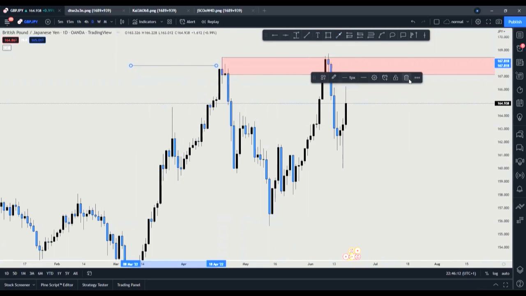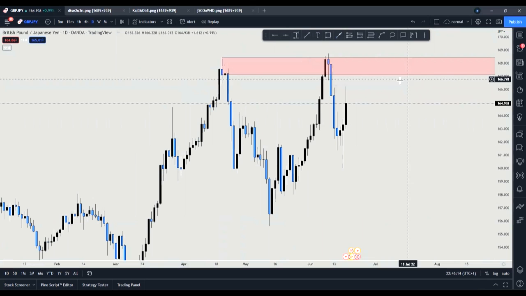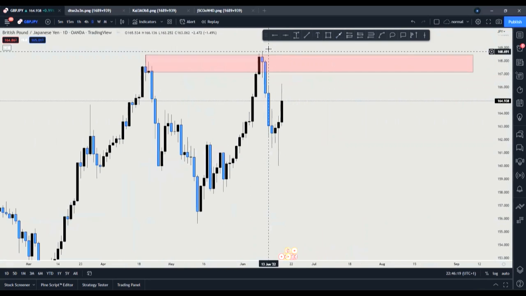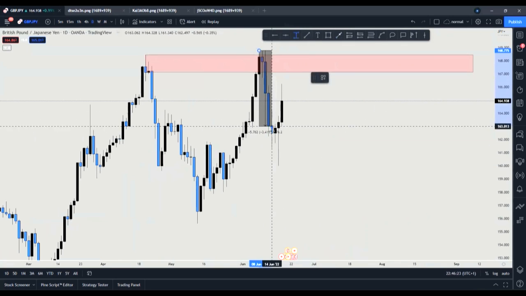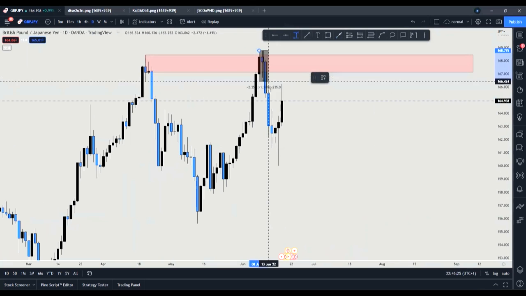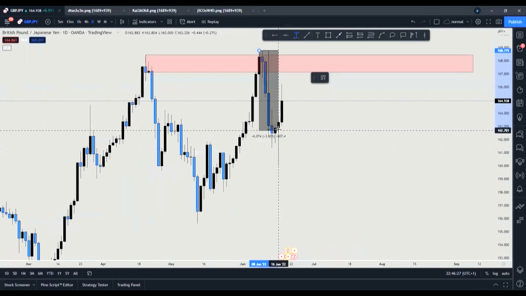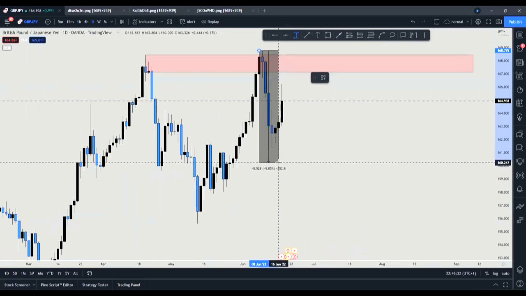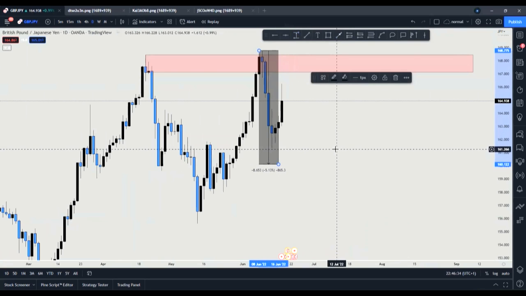This is the best area where you can eventually look for sells. And you can see you had multiple days of selling here: 1, 2, 3, 4, 5, 6 days. You could have been 6 days in a short bias and eventually gotten your money out.